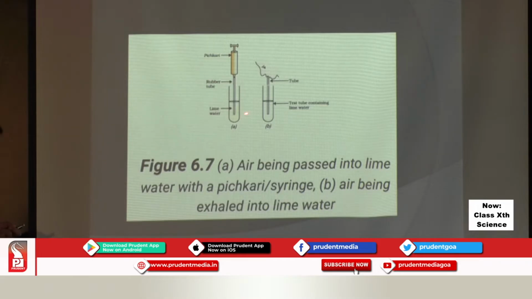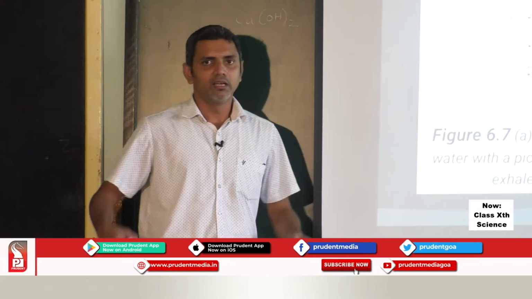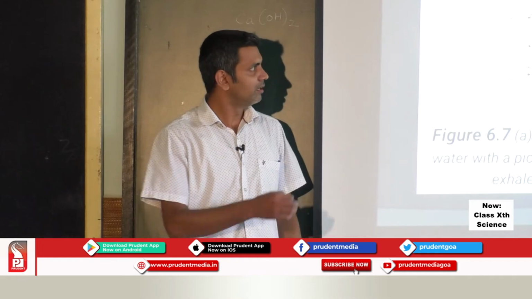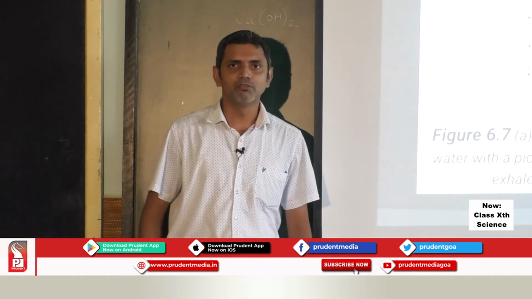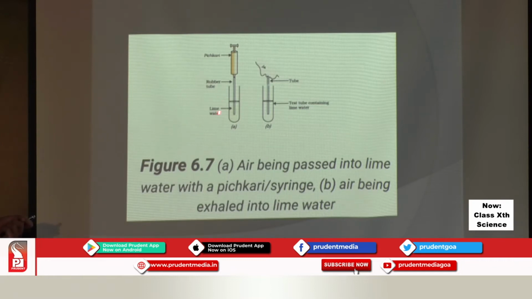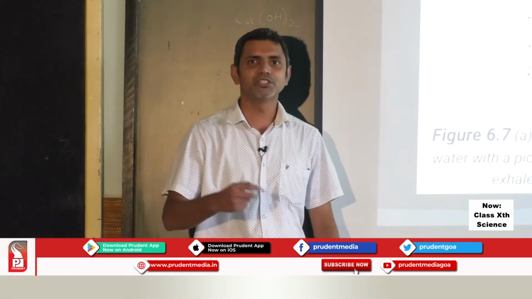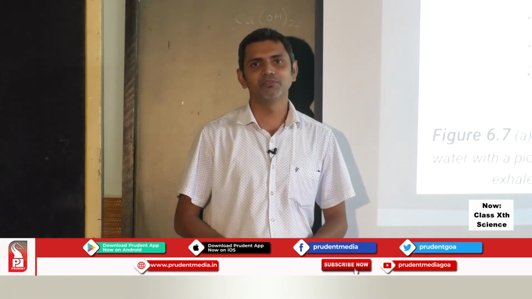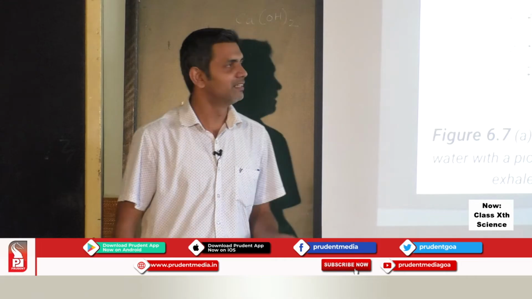Two test tubes are taken, and in one of the test tubes we have to introduce air. In the first test tube, let us consider this as A, another test tube as B. We have to make use of the pichkari, which you all must have used during Holi.